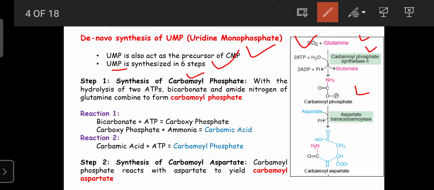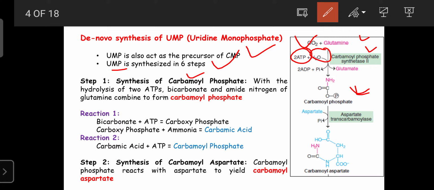You already learned about this in protein metabolism, in the urea cycle, I think. This carbonyl phosphate synthetase 2 is present in the cytosol. It utilizes carbon dioxide and glutamine, and requires 2 molecules of ATP as well as water, and is responsible for the formation of carbonyl phosphate. Dear students, the carbonyl phosphate formed from carbon dioxide and glutamine goes through 2 reactions.